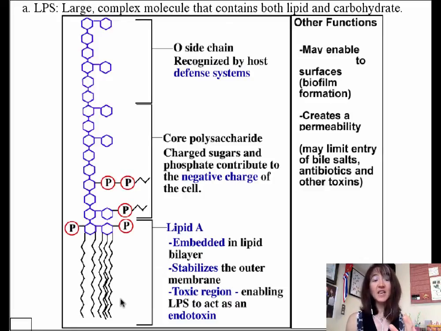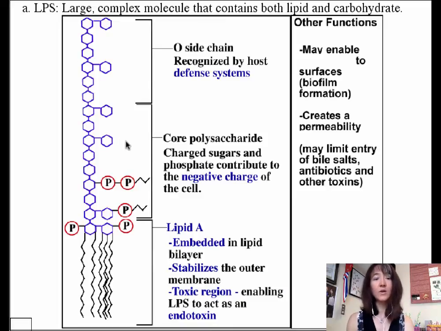And that is strange, right? Because there's no offending bad guy. It's just a molecule, but the body thinks it's been invaded. So the lipid A is toxic. It's causing your body to recognize it and think it's been invaded. So the combination between the lipid A and the O side chain says, whoa, criminal has entered the stage.